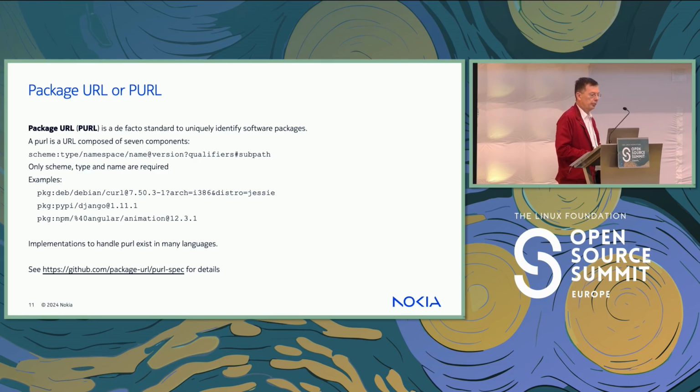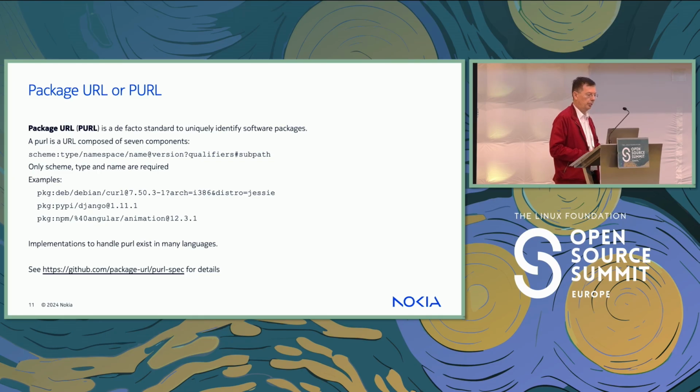You can refer to the presentation by Philippe, but I just gave here some examples of what a package URL looks like. You have the PKG keyword, and then here you have 3 different packages: a Debian package, a Python package that can be found on PyPI, and an NPM package.